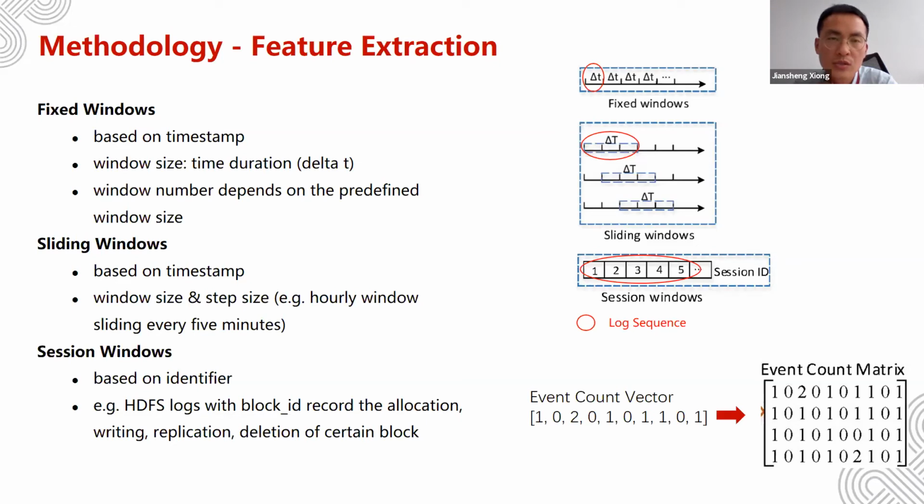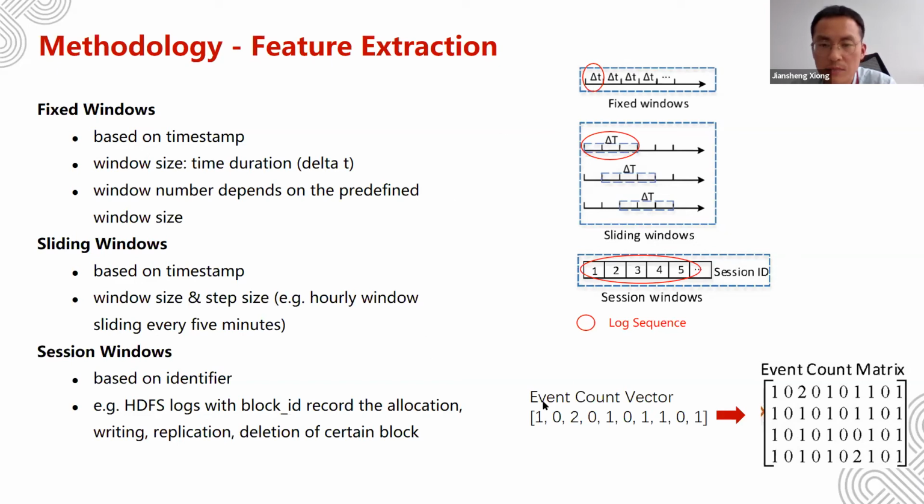These windows are used to extract features from the log text. They are used to generate the feature matrix, this event count matrix, just like here. For example, we can use a fixed window. The fixed window can split the logs into a lot of chunks, and each time duration is delta t, and it contains maybe many lines of logs, and it's all called a log sequence.